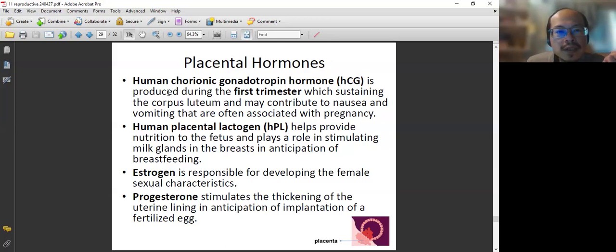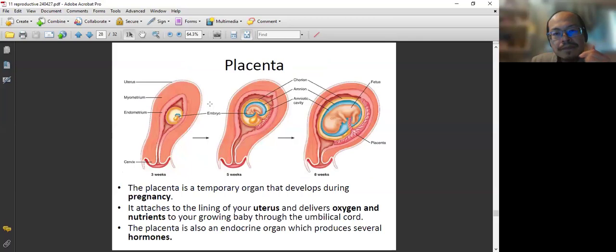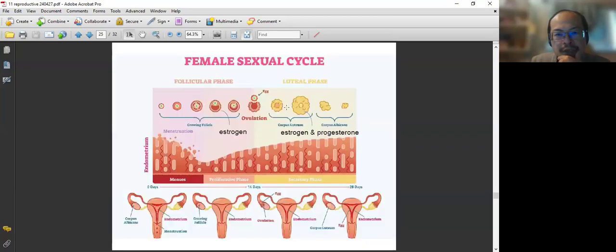One is human chorionic gonadotropin hormone. This is a gonadotropin, another sex hormone, short for HCG. What does this do? There are many functions. The main function here is to sustain the corpus luteum.